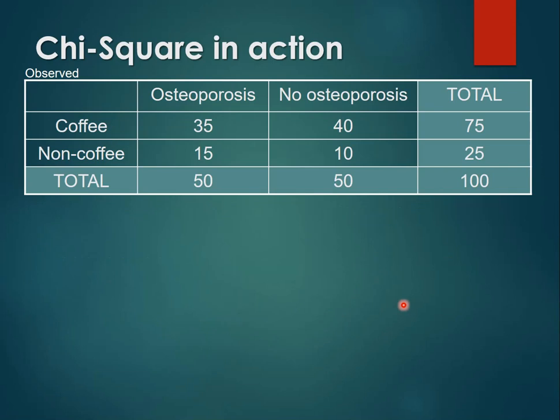Let's say this is the observed value. On the left hand side is the name of our variables, whether coffee drinker or non-coffee drinker, and on the top here we have osteoporosis and no osteoporosis.